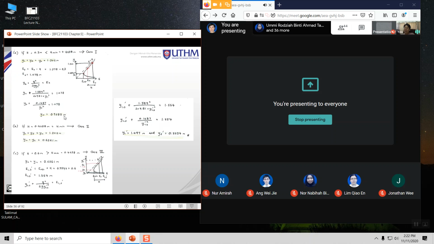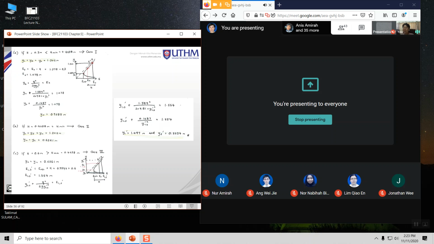You should get two values of Y2. One is supercritical, which is less than your YC, which is 0.6361 meter. The other Y2 is greater than YC.